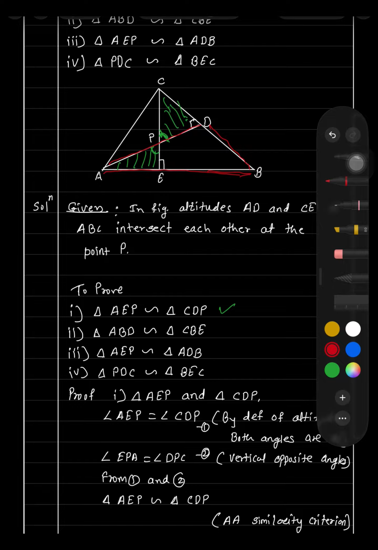Then another one, CBE. CBE means this complete triangle is coming. Okay.